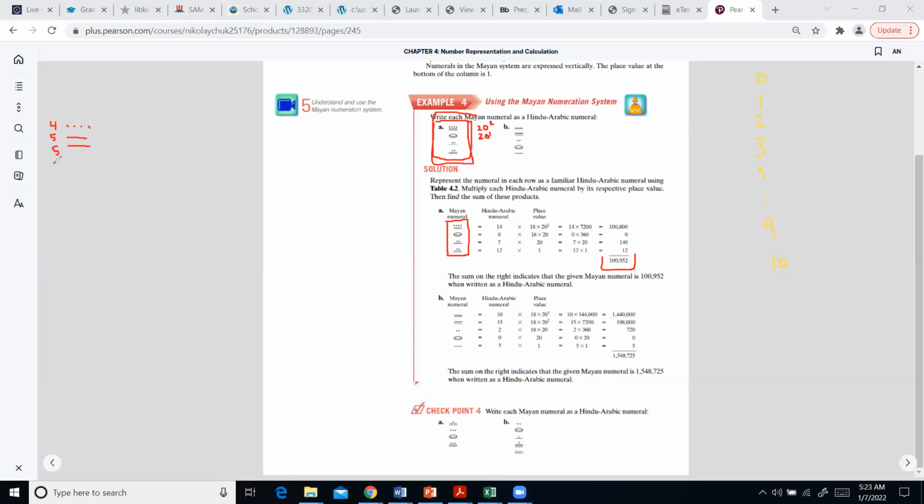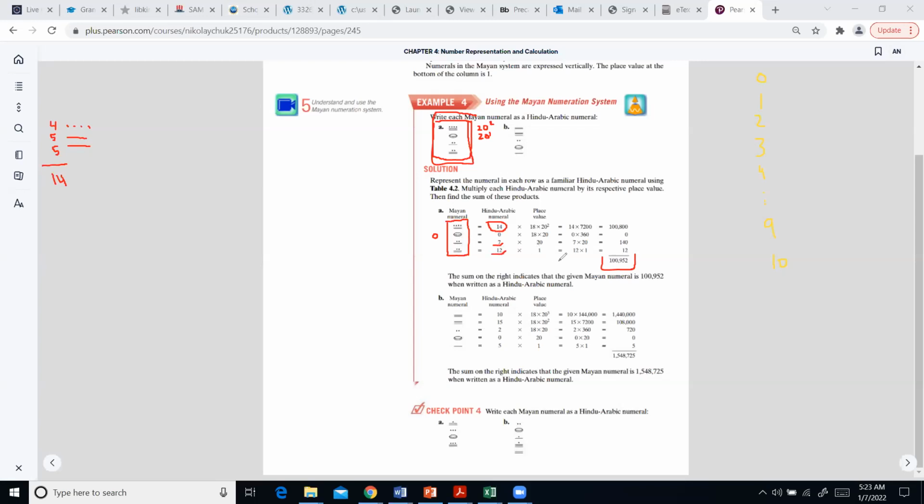If you put them all together, 2 fives and 4, you get 14. So this first digit is 14, and that's the second power of 20. And the next digit is 0. Remember, this is the way to write 0. So the next digit is 5 and a couple of dots, so that's 7. And finally, for the last, we have 2 fives, which is 10, and a 2, which is 12.